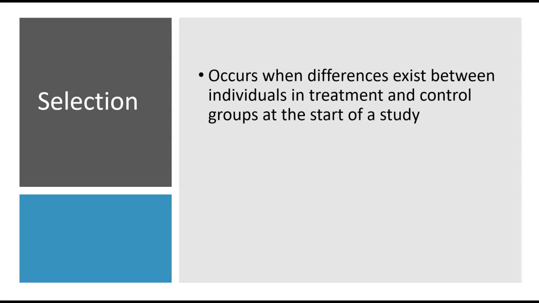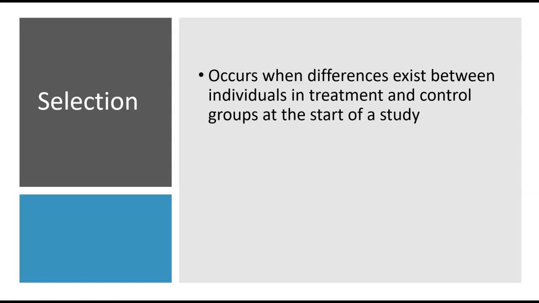Selection is a different kind of problem. This happens when the individuals who end up in the treatment and control groups at the start of the study were initially different. Now, random assignment takes care of this, but if you're in a naturally occurring environment, you may not be able to randomly assign people to anything.